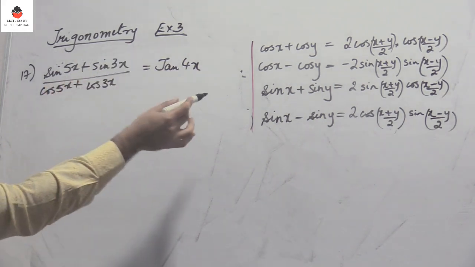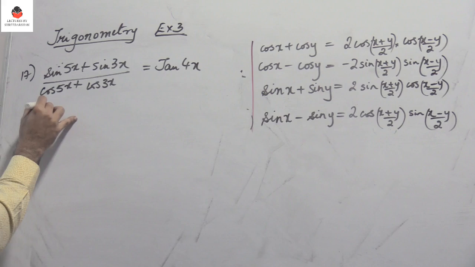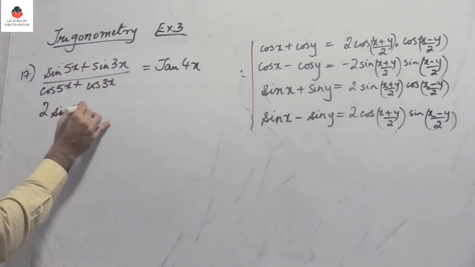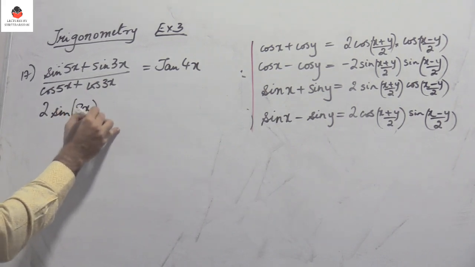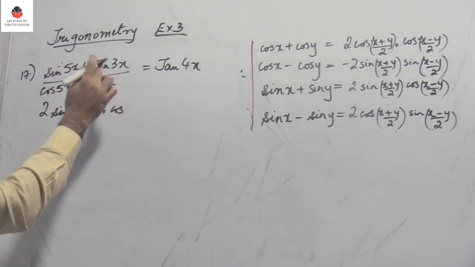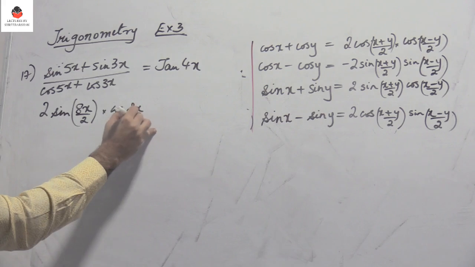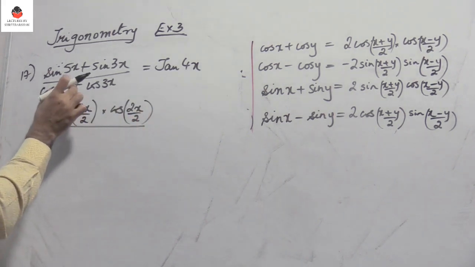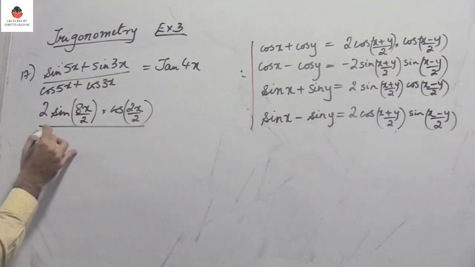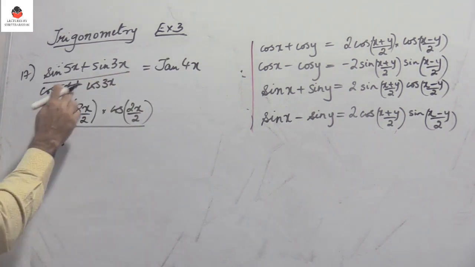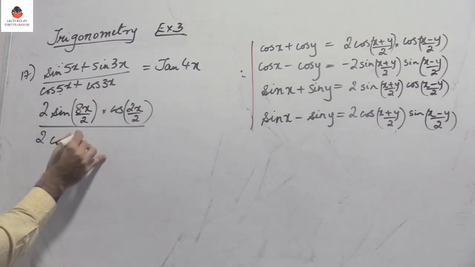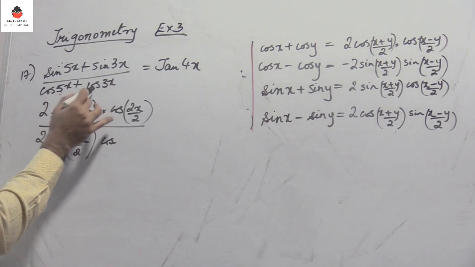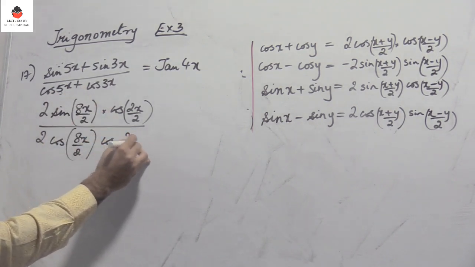So sin x plus sin y, use the third formula there: 2 sin of (5x plus 3x, which is 8x) by 2, into cos of (5x minus 3x is 2x) by 2, divided by cos 5x plus cos 3x, use the first formula there: 2 cos of (5x plus 3x is 8x) by 2, into cos of (5x minus 3x is 2x) by 2.